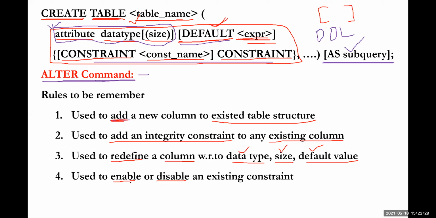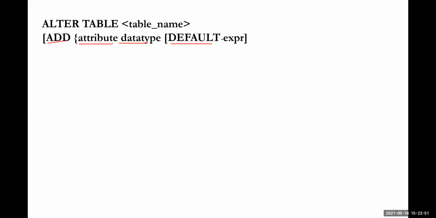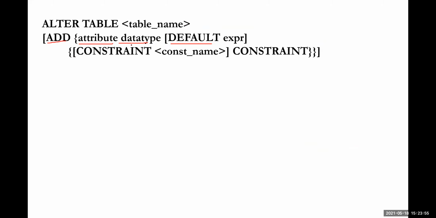Next, go ahead with the syntax. You can see the syntax: ALTER TABLE. Alter is a keyword, table is another keyword. Whatever table name you want to alter, you can take that. Then ADD, to add a new column: the attribute, its data type, default clause and expression. Constraints can also be there.